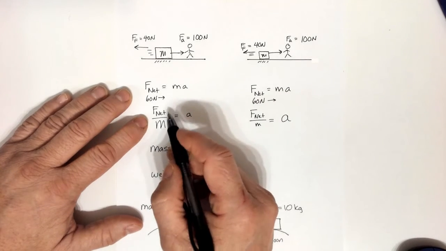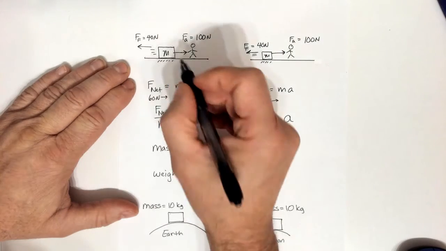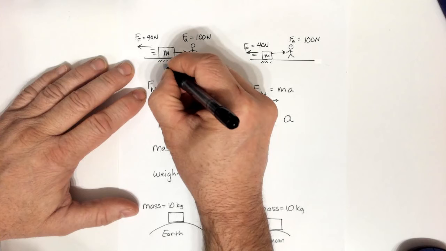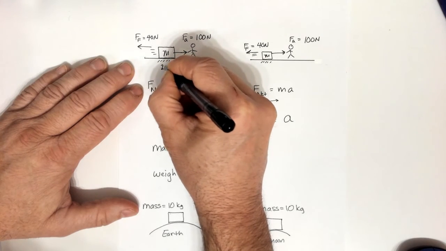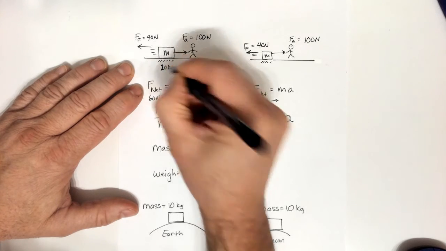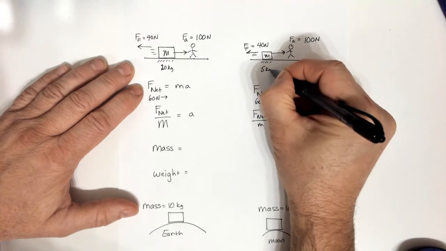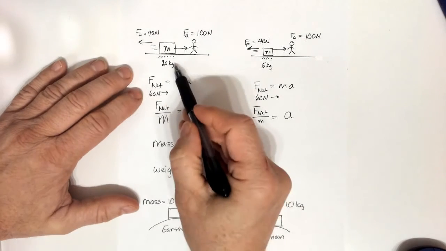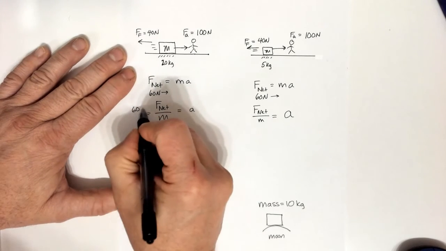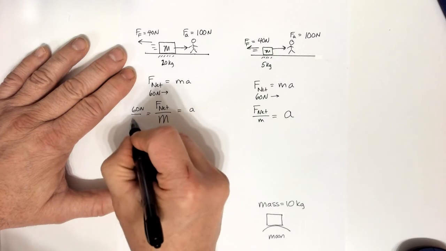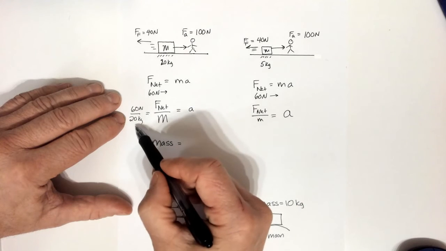Well, if you think about it, let's say that there's a mass, and we can give them numbers. They actually have numbers like kilograms. So let's say that this is a really massive object. So let's say this is 20 kilograms. That's a big box. And let's say this is a smaller box, like 5 kilograms. Well, what's going to happen is you can see if we have 60 newtons force, and then we have a mass of 20 kilograms, then the acceleration is going to be 3.